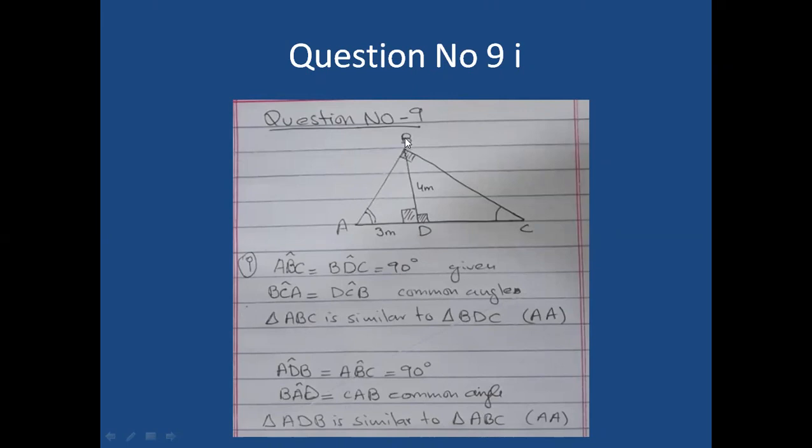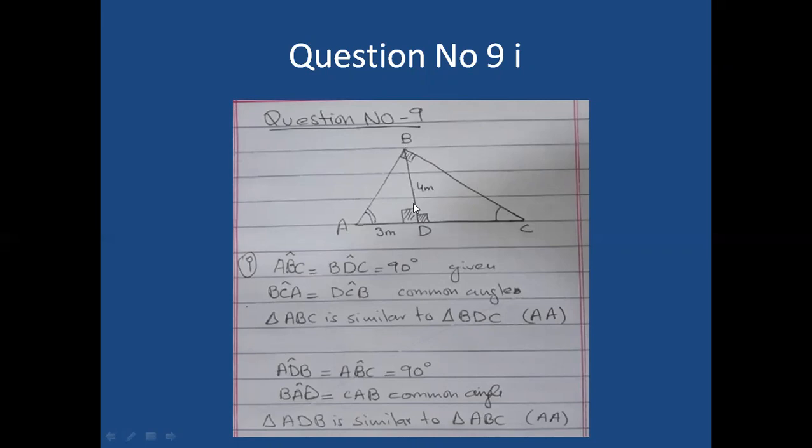The angle BCA and the angle DCA are equal to each other because this is a common angle. Because you are comparing two triangles and two angles are the same, these two triangles are similar to each other. So triangle ABC is similar to triangle BDC. The reason is the angle similarity test.